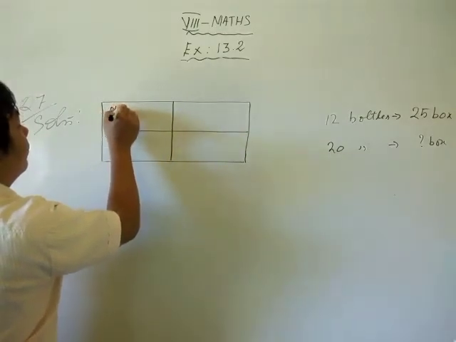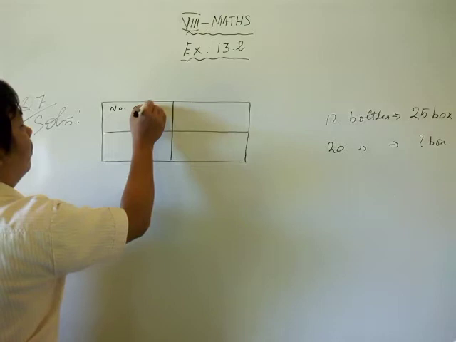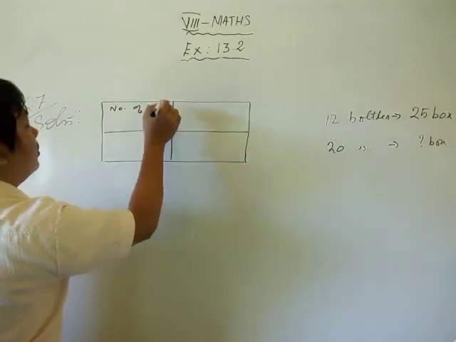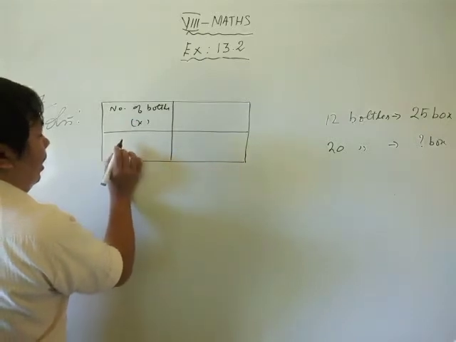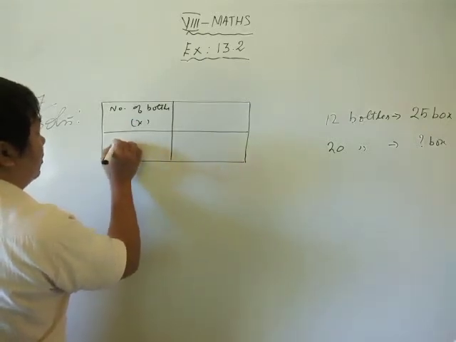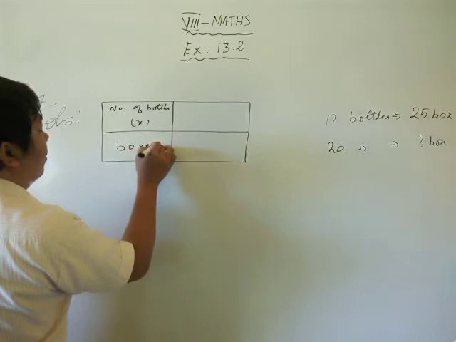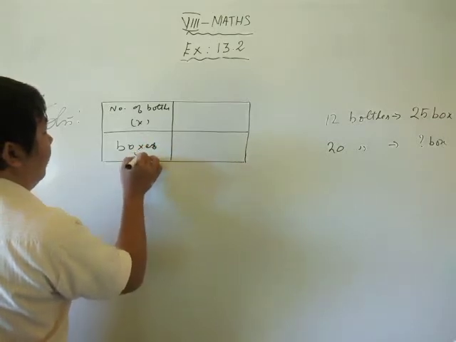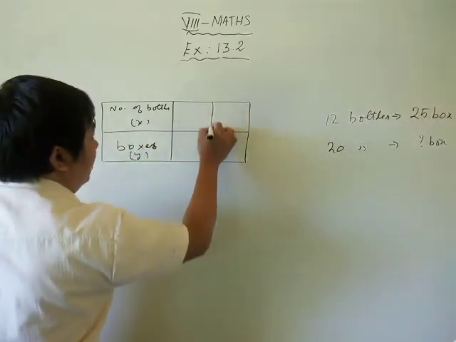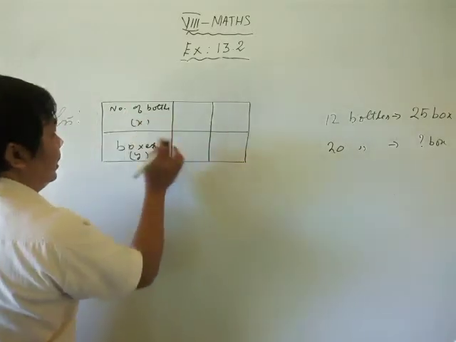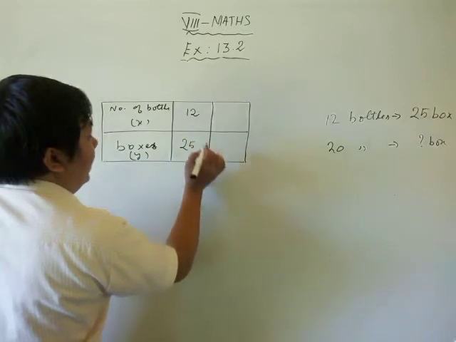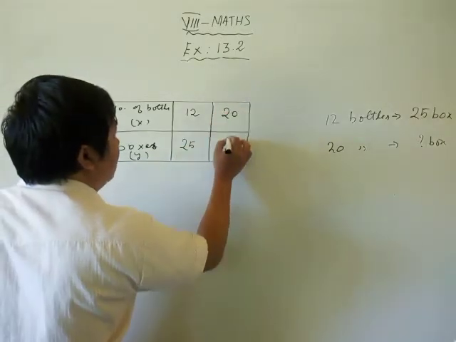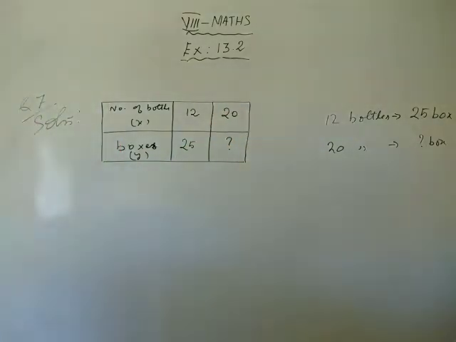Number of bottles, let it be the x value, and number of boxes, that is the y value. Here, if the number of bottles is 12, then there will be 25 boxes. And if the number of bottles is 20, how many boxes will be required?